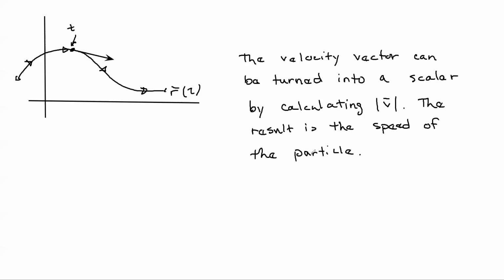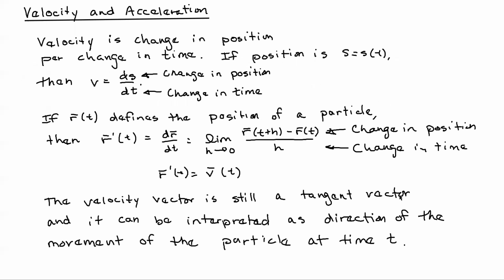And the way in which you can prove that to yourself is if we start off with this result, the length of v, and we replace it with what it's equal to, which is the length of r prime of t, right? From the previous page, we said r prime equals v.